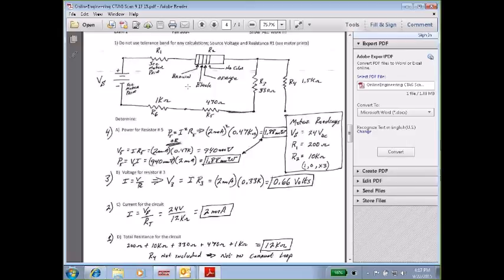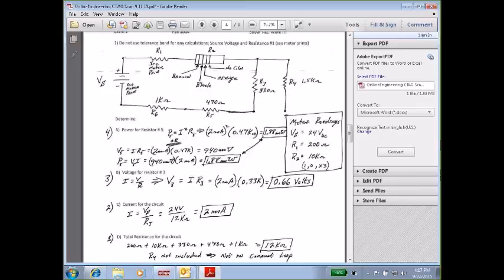But here we have brown, black, orange, which is 1, 0, and 3. Now the first two are my value bands, that'd be 1, 0. And then orange is my multiplier band, so it is 10 to the third, or add 3 zeros to that. That gives me 10,000, which is 10K.